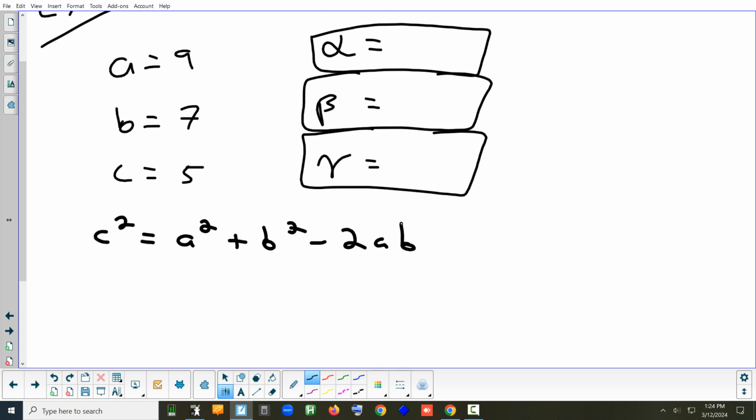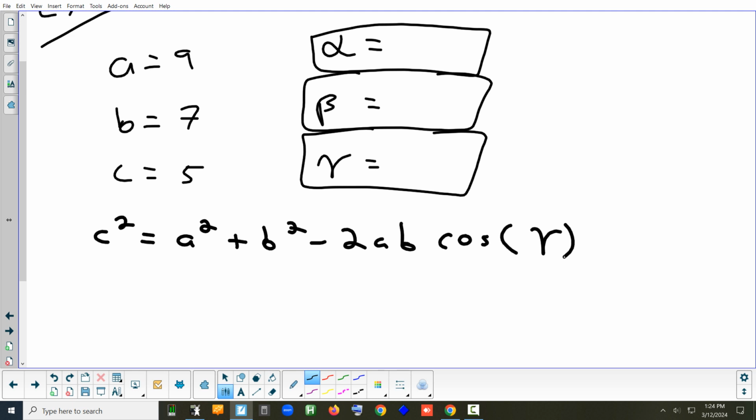Now, there is something I should mention. It is possible for side, side, side to have no solution. Not 2 solutions, but no solution. And it's very easy to figure out. If you look at your sides, any 2 sides added together need to be bigger than the third. Because if I gave you sides of like 2,000, 1, and 1, those aren't going to connect to make a triangle. It's impossible.